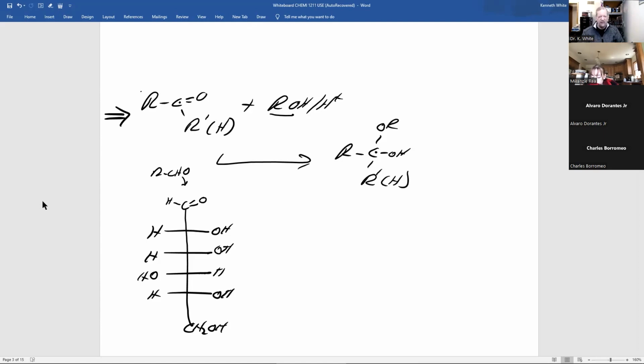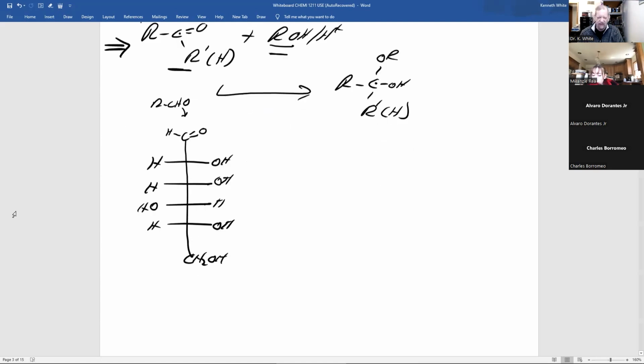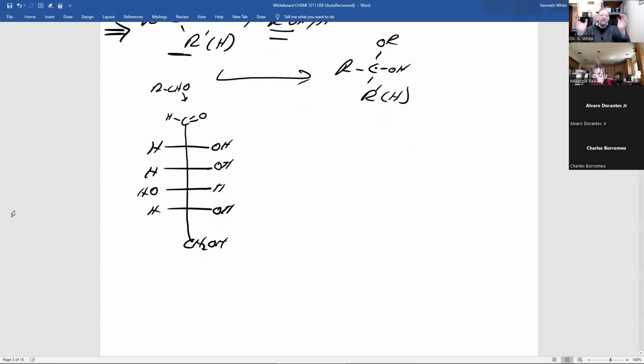Well, an intermolecular reaction is between two different molecules. However, I'm going to show you an intramolecular reaction where everything happens in the same molecule. And because of that, you don't need a catalyst many times, and it's an equilibrium. It can go back and forth. It just doesn't go one way.